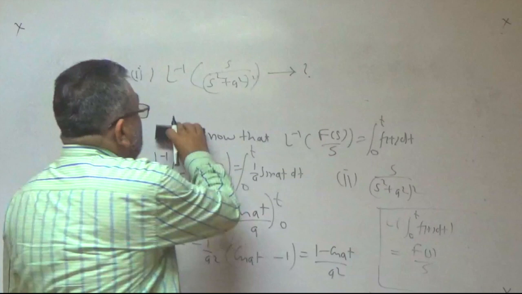So finally we get t upon 2a sine at. This is the answer of the second part of that question.